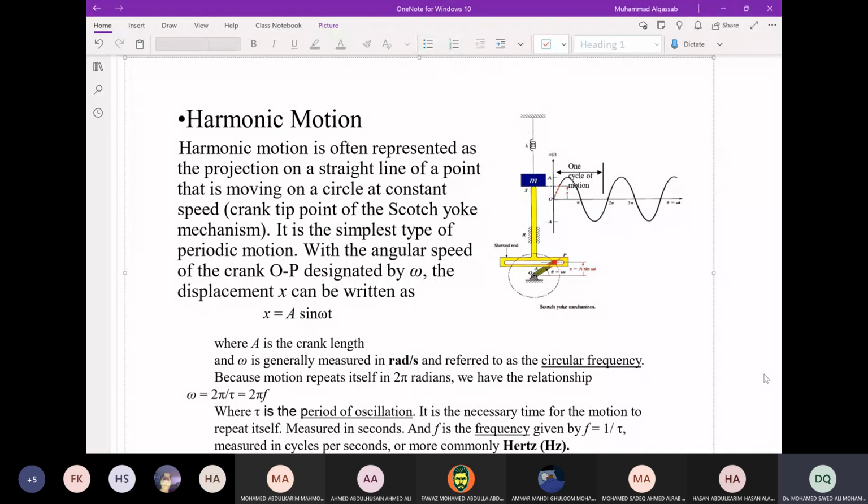Harmonic is the simplest form of periodic motion, in which the motion is represented by sine or cosine, which are called harmonic functions. And this type of motion can be represented by the Scotch yoke mechanism.